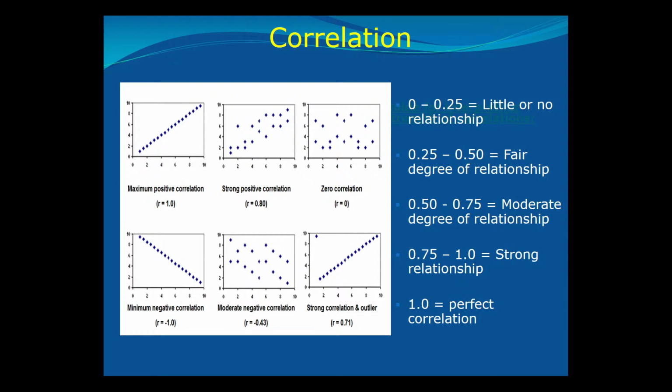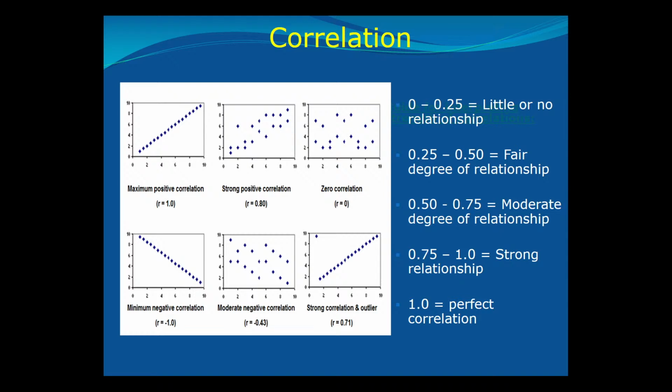Look at the top right graph. Zero correlation, or lack of correlation, R equals 0. All points from our data set are scattered in the plot. In the bottom line of graphs, in the middle, we have moderate negative correlation.